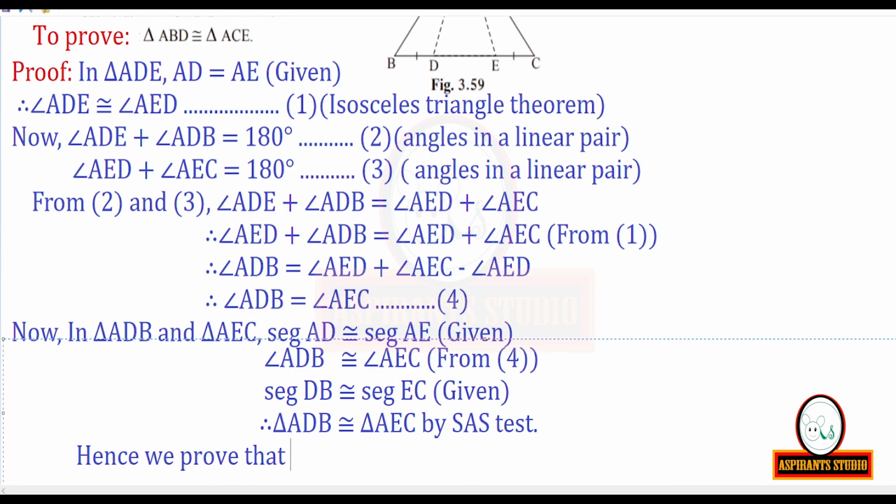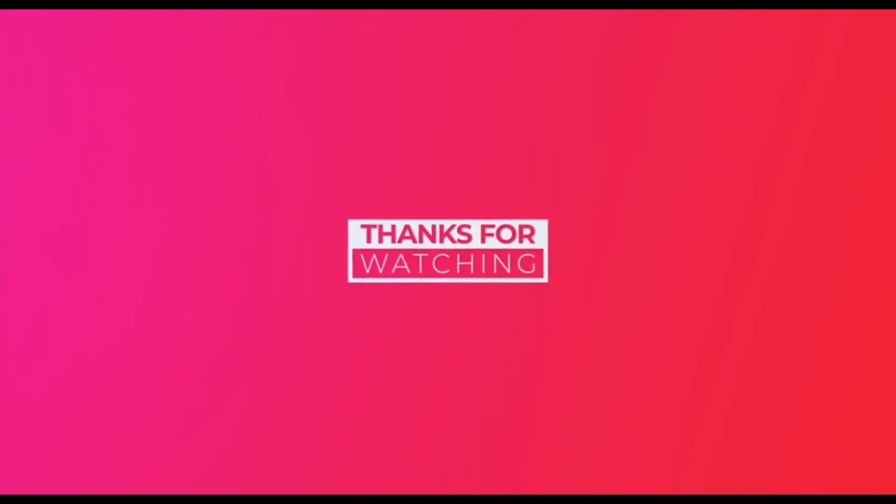Hence, we prove that triangle ABD is congruent to, ABD is same as ADB. You need not worry. Then accordingly you write the next triangle. According to the correspondence of the vertex, it will become triangle AEC. You can also say triangle ABD is congruent to triangle ACE.